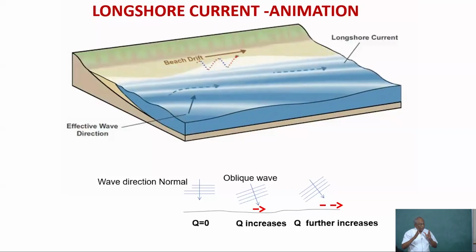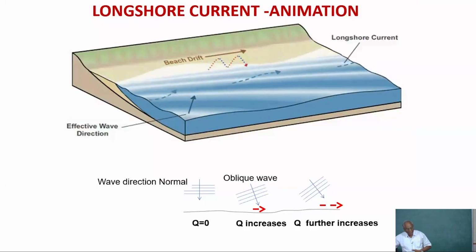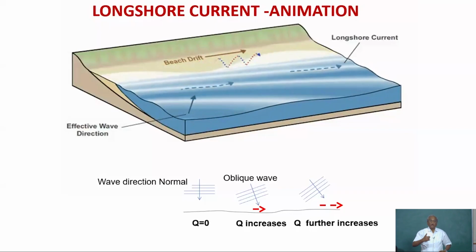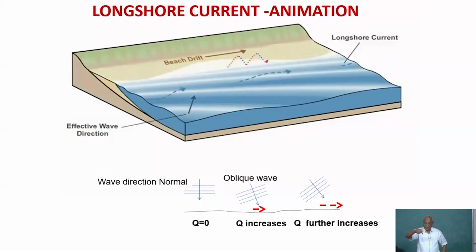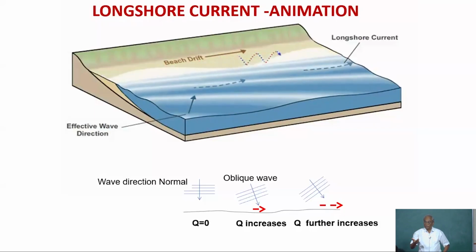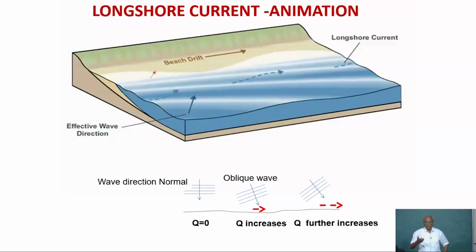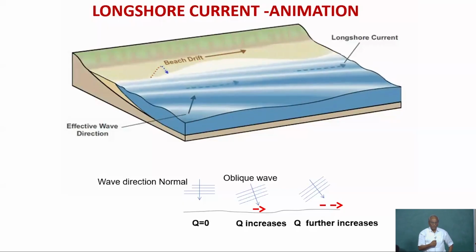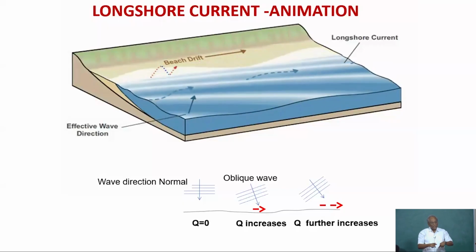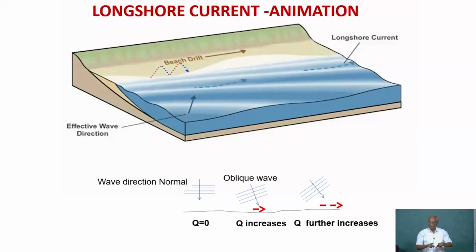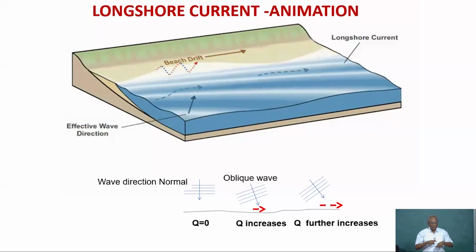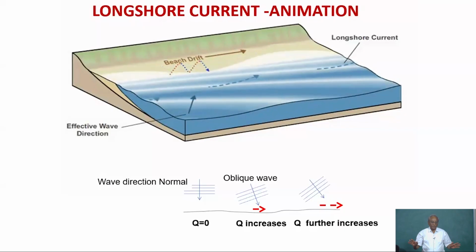So there are some locations where it is dominated by longshore currents, because the angle of the attack is more. If it is normal to the shore always, then you have mostly cross shore. Okay? So the longshore current is not much.